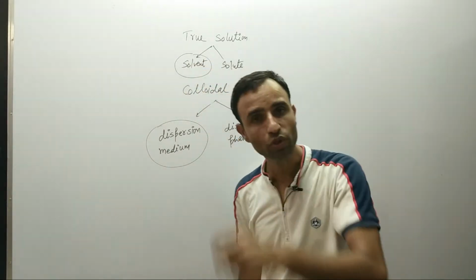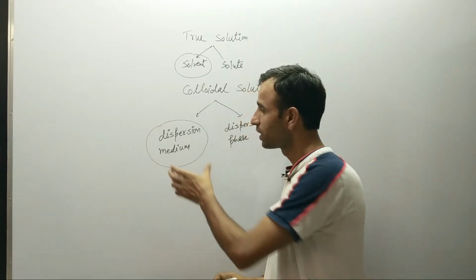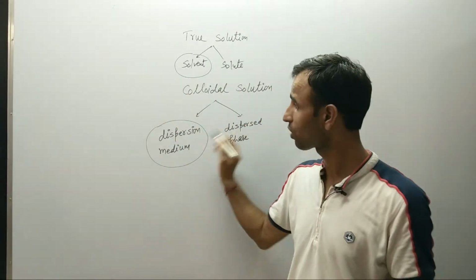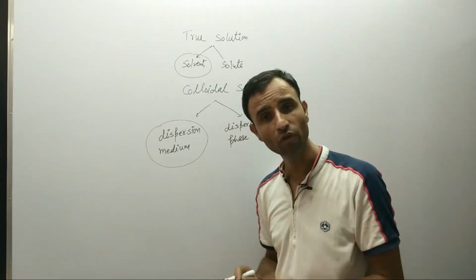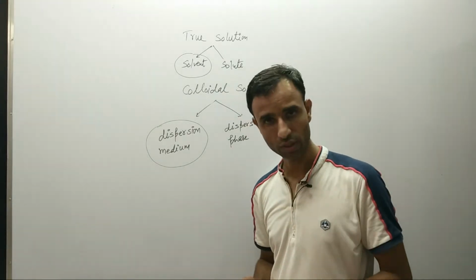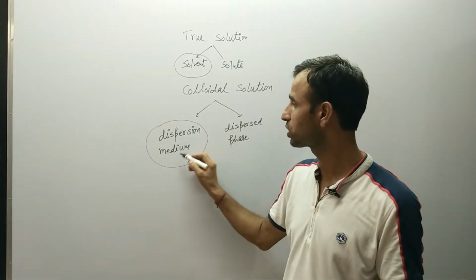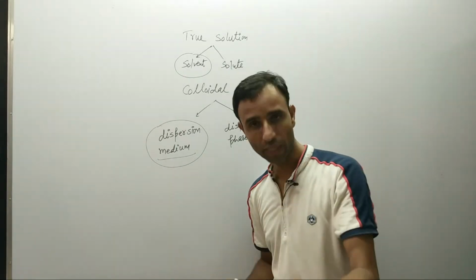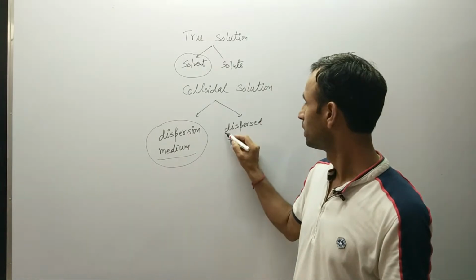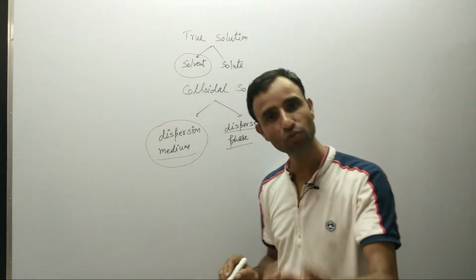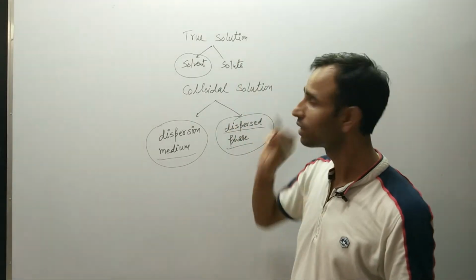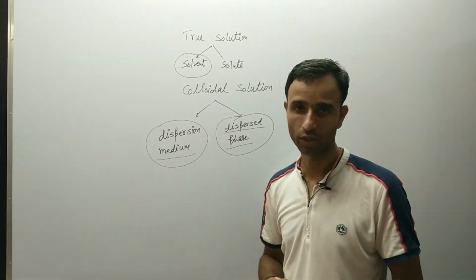Solvent of the true solution is called the dispersion medium of the colloidal solution. In this case, we are not using the terms solute and solvent. Solute and solvent terms are used in true solutions. For colloidal solution, we use dispersion medium for the medium in which the substance is dissolved, and dispersed phase for the substance which gets dissolved. So it is the solute in case of true solution.